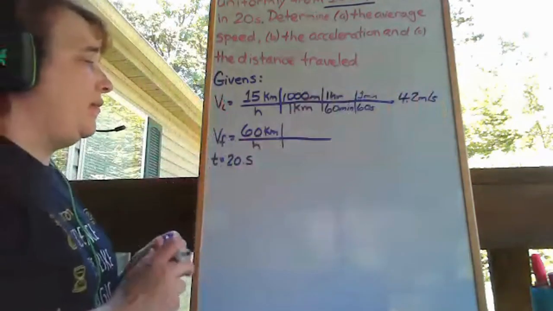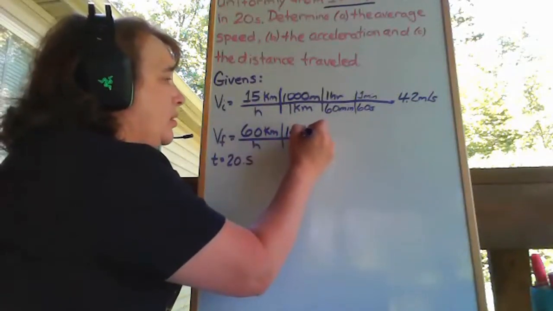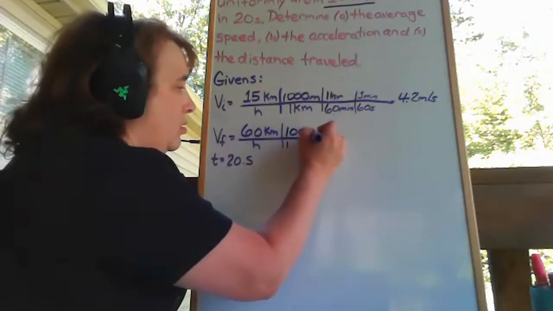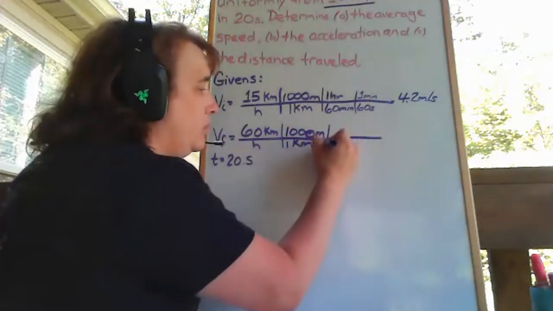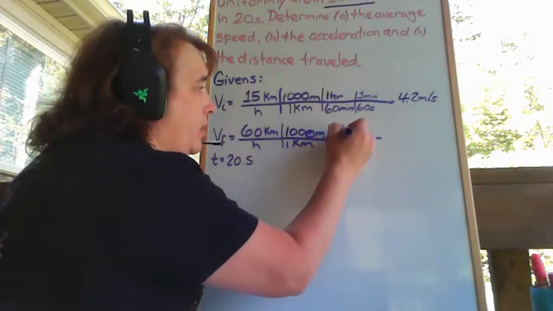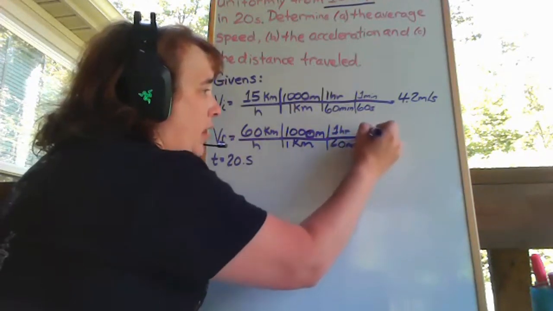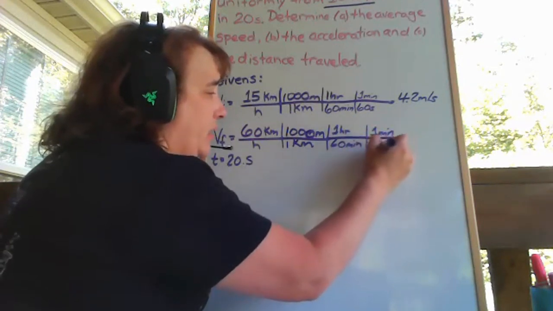All right, let's do the same for the 60 kilometers now. So again, we have 1,000 meters in 1 kilometer. In 1 hour, we have 60 minutes. And in 1 minute, we have 60 seconds.